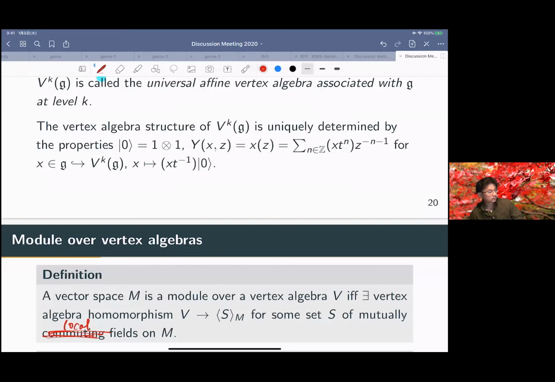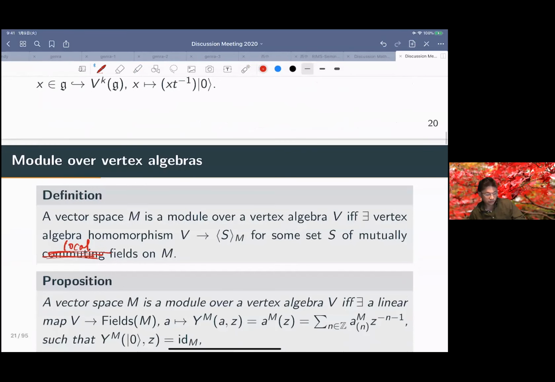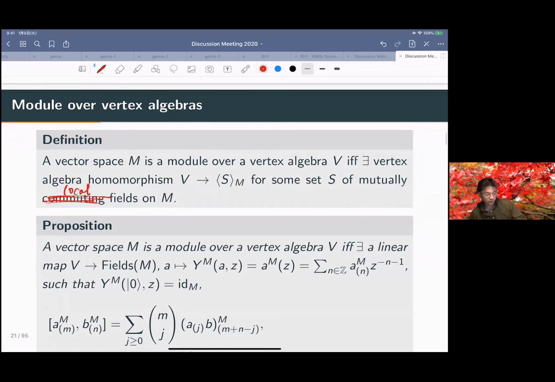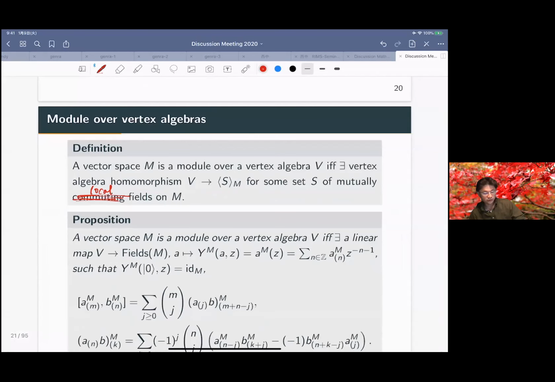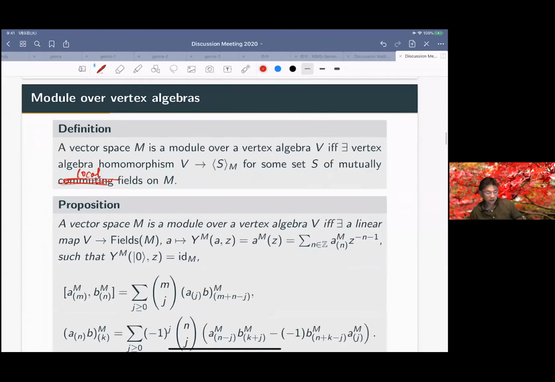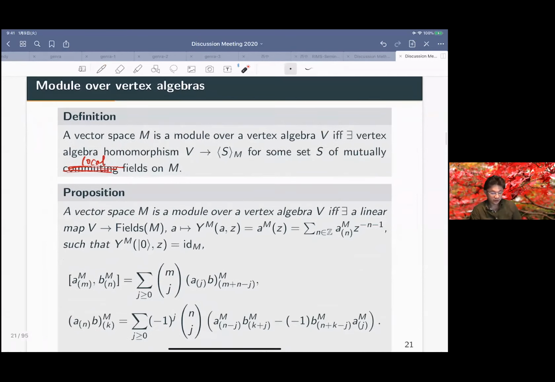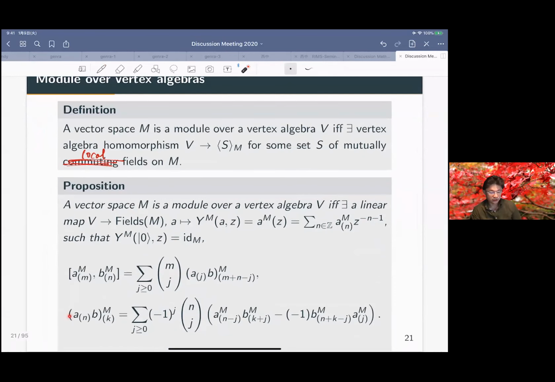And we can show that this happens if and only if you have such a map satisfying this Borcherds identity.